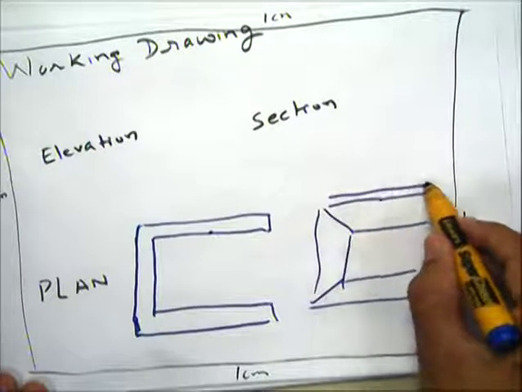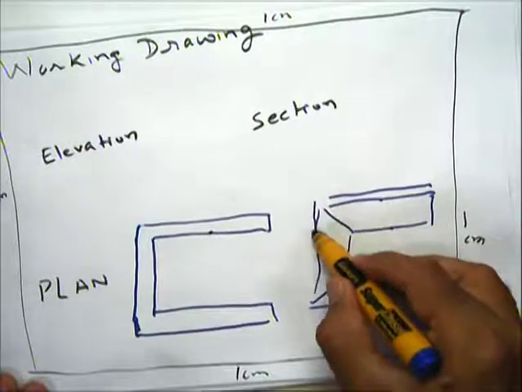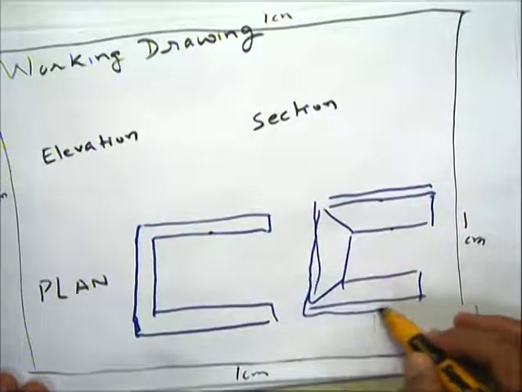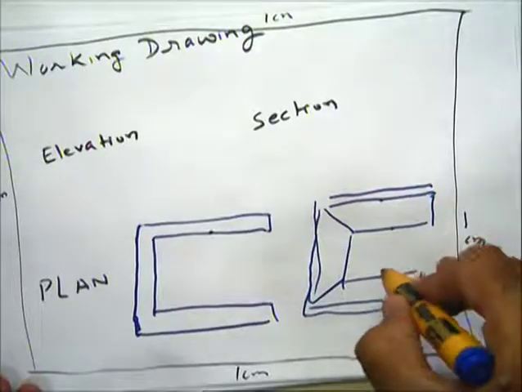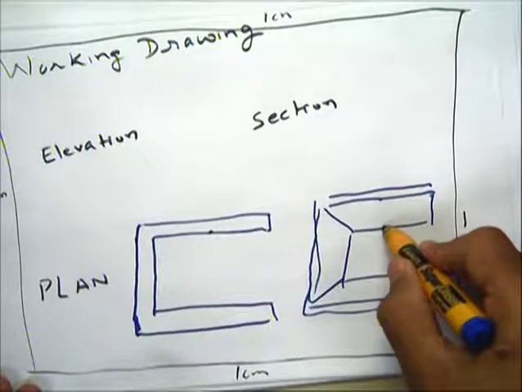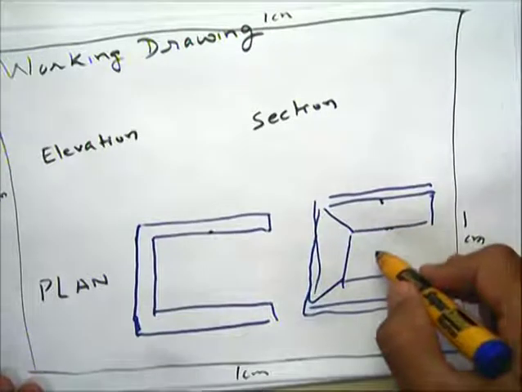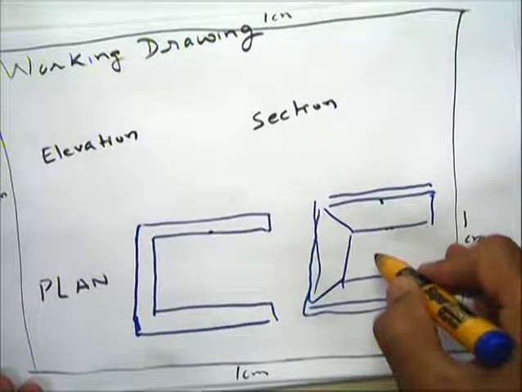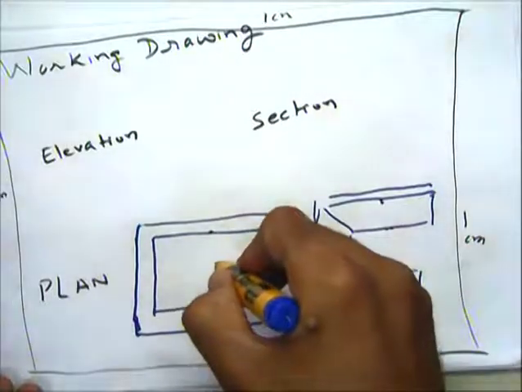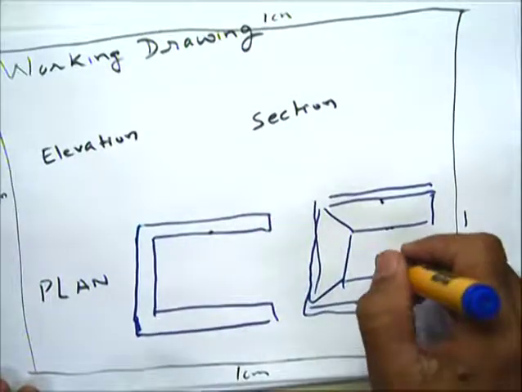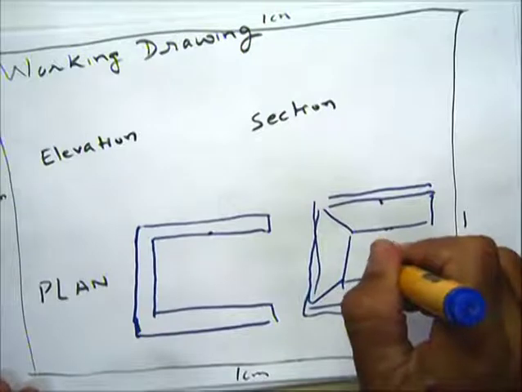This is the wall, seen from a single point. So this is the bottom of the wall, this is the top of the wall. This is the projected view, and this is the orthographic view. In orthographic view we are not keeping our eye at the same point.